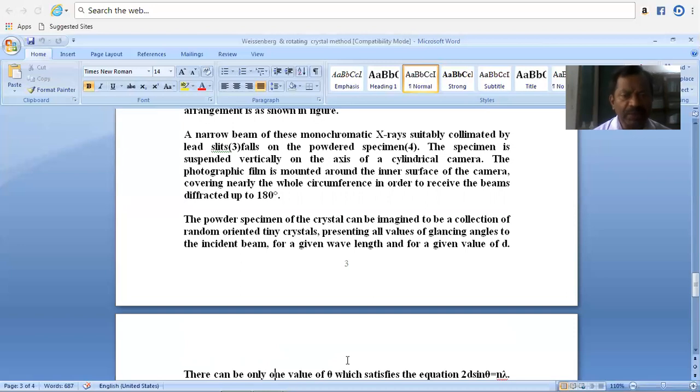The powder specimen of the crystal can be imagined to be a collection of randomly oriented tiny crystals presenting all values of glancing angles to the incident beam.